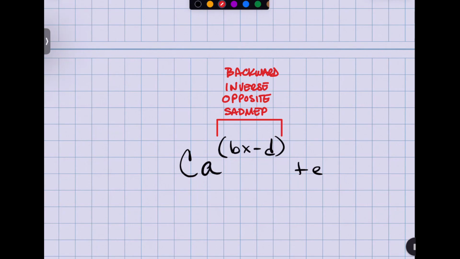Do we know what SADMAP means? It's PEMDAS backwards. So even the order of operations in there is backwards. If it asks me to subtract D, that means I have to add D. And also, this affects what value?